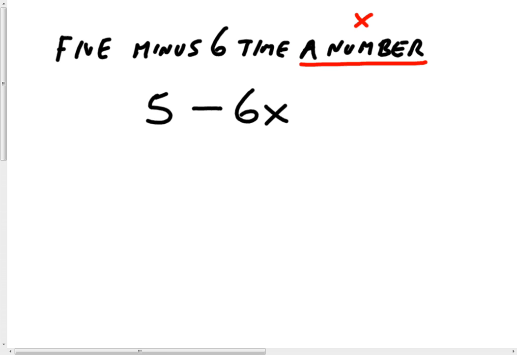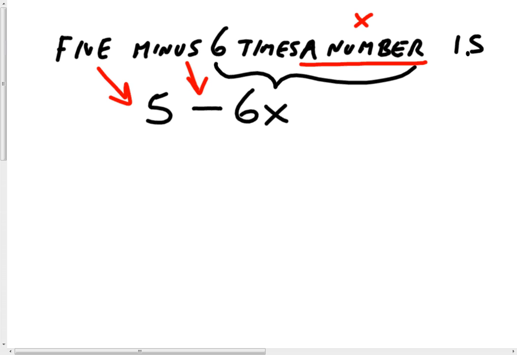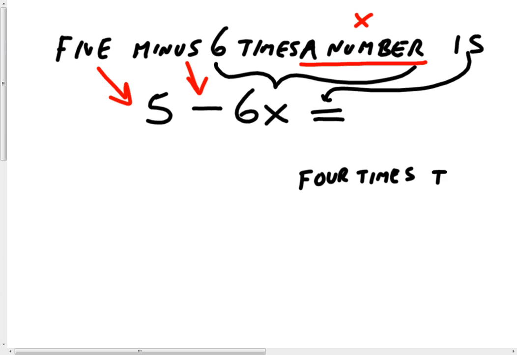5 minus 6 times a number, all of that became the 6x. What about the word is? Equal. Then we have 4 times the number plus 45.